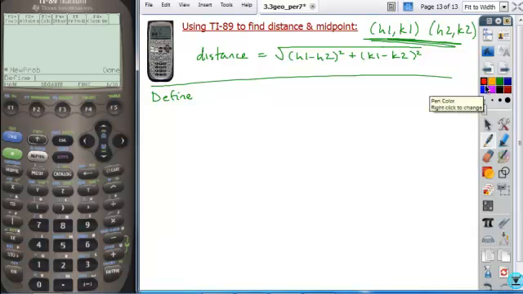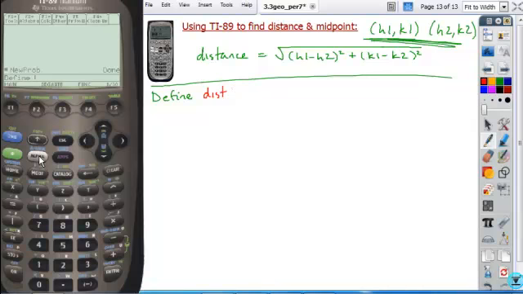So again, you want your name to be descriptive enough to understand what you're finding, but it can't be something that already has been assigned in the calculator. So for distance, I'm just going to call it dist. Okay, so if I alpha lock my calculator, I can type that string of letters, dist, and that's descriptive enough that I know I'm finding the distance of this.